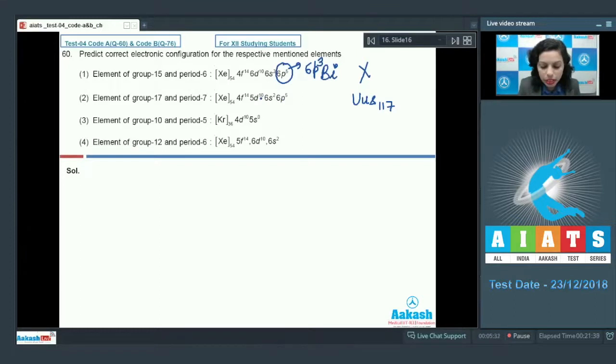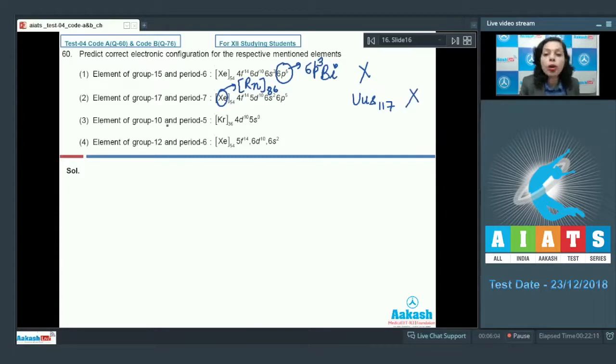This is 5d10, 6s2. This is correct. 6p5, it is also correct. But if we talk about this, it should not be xenon. It should be radon with atomic number 86. So on the basis of that, the atomic number would become 117. Then this would be correct. But if it is not given, this is also incorrect.